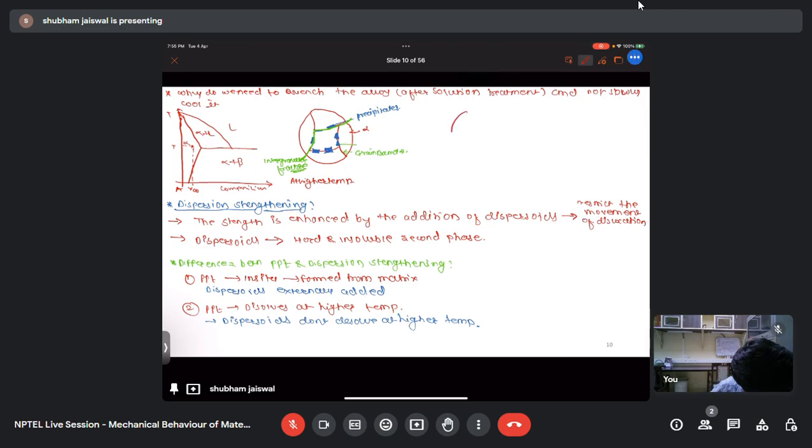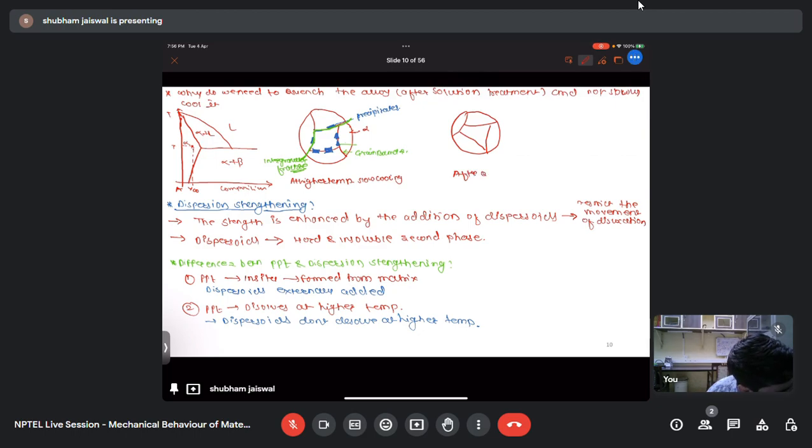So let's see. This is after slow cooling, and this is after quenching.